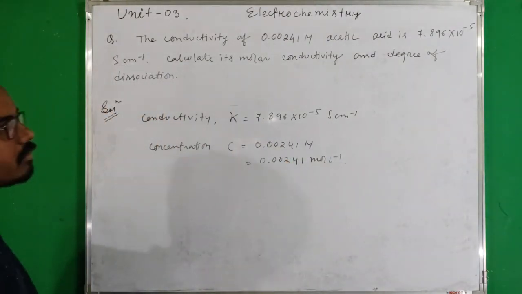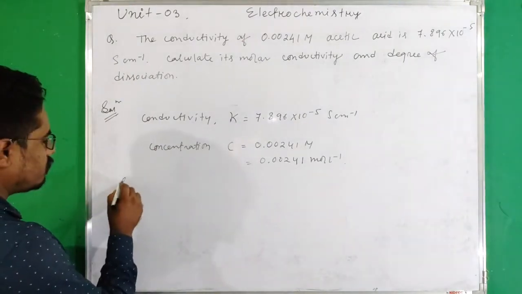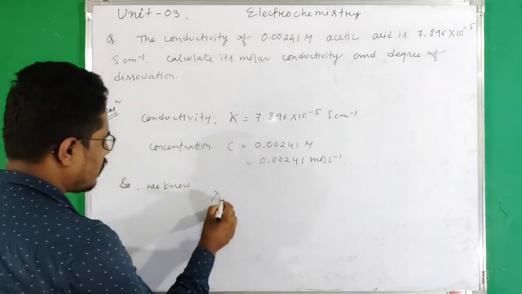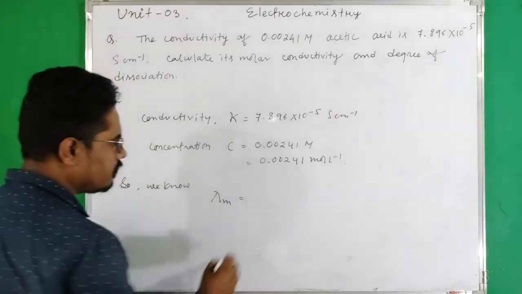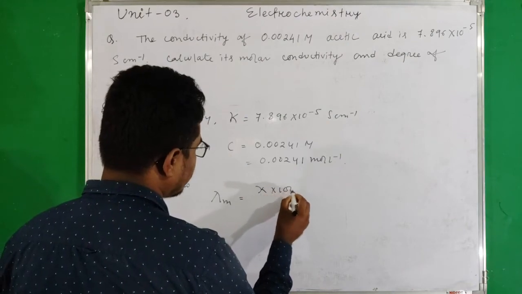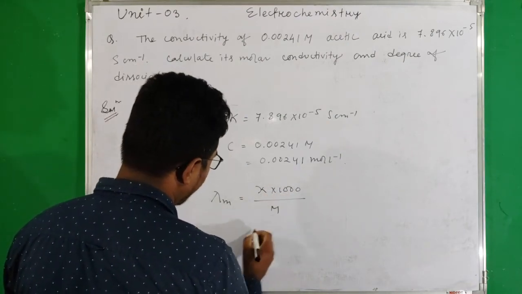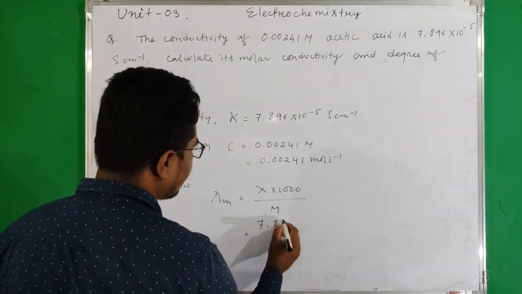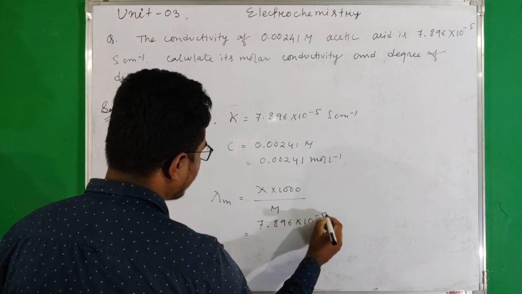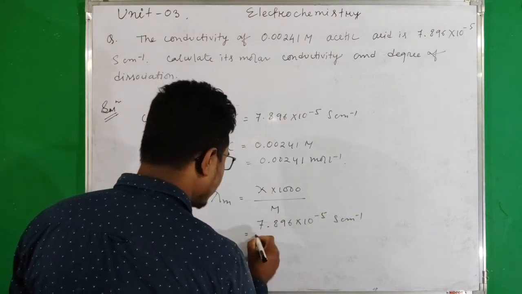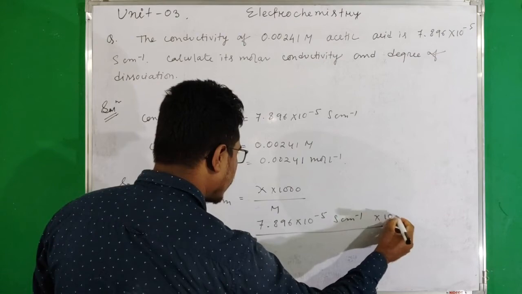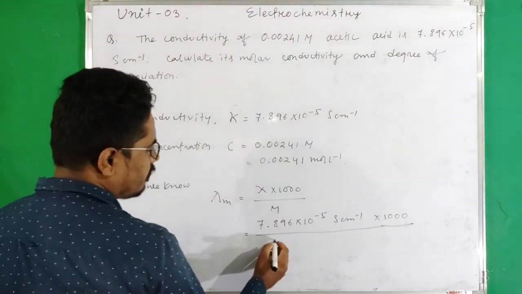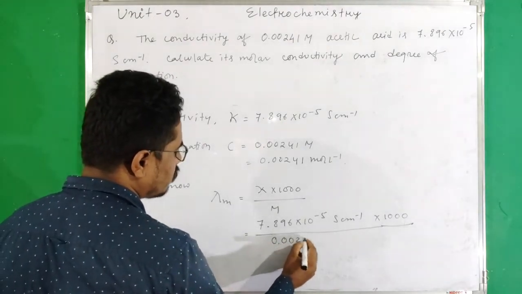Now we have to determine the molar conductivity. So we know lambda m, that means molar conductivity, equal to kappa into 1000 divided by M. Okay, and the value of kappa is 7.896 into 10 to the power minus 5 Siemens per centimeter into 1000, divided by M, and the value of M is 0.00241.